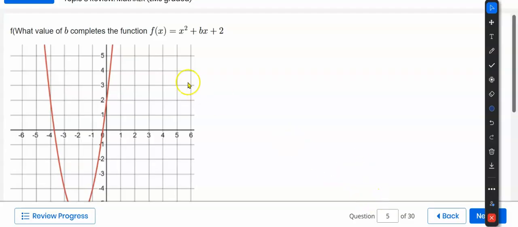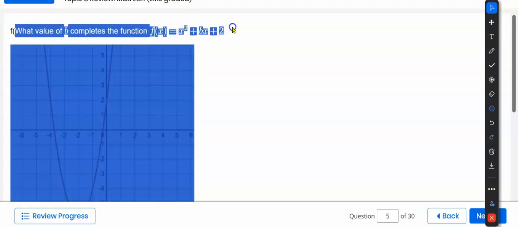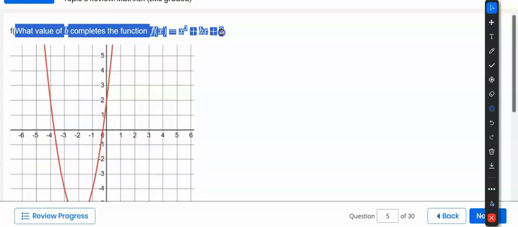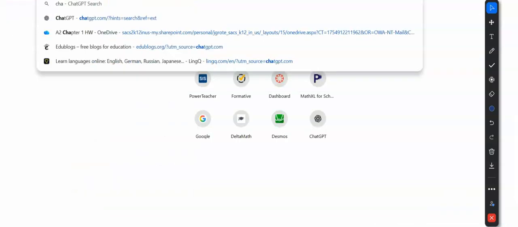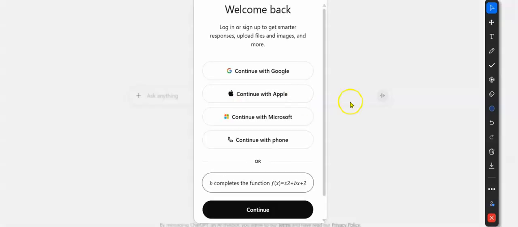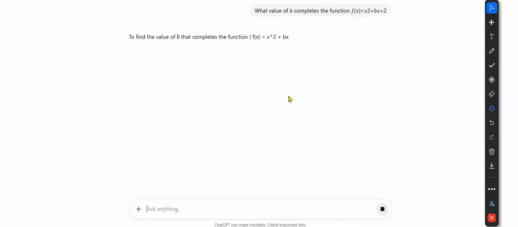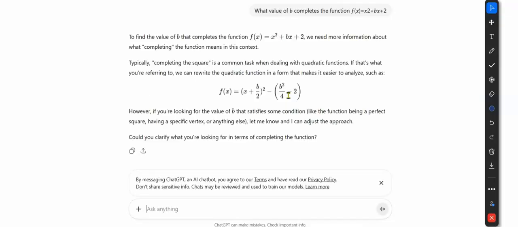You know what I'm going to do? I am going to find the answer to this. Find the value of b that completes this function. We need more information about what completing the function means in this context. See, I didn't need it. ChatGPT doesn't know what it means either.